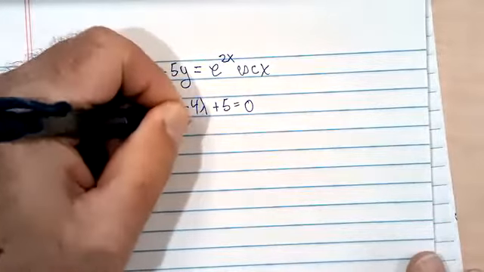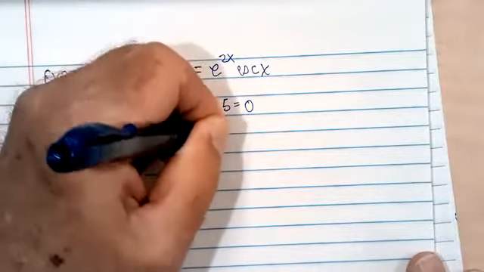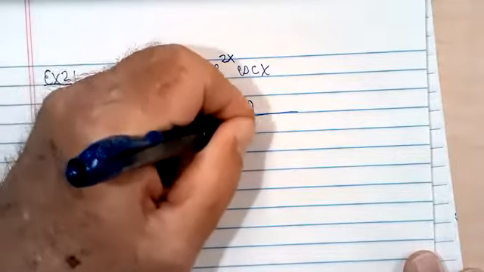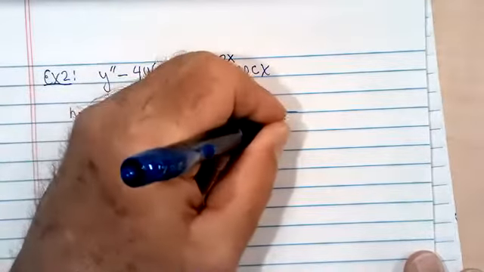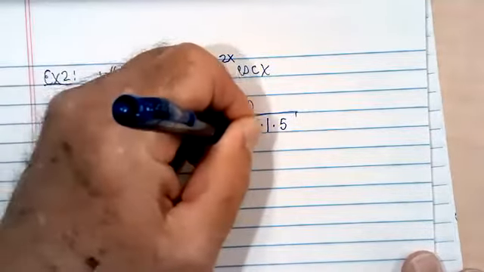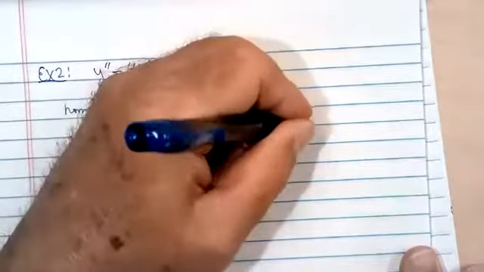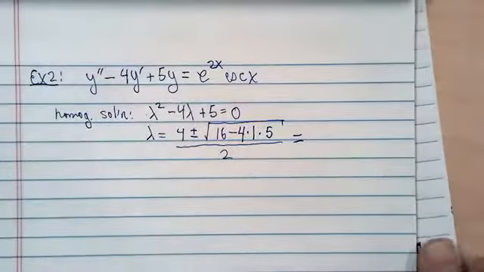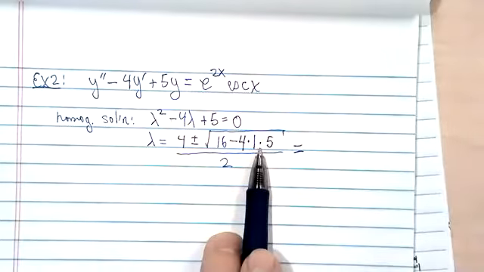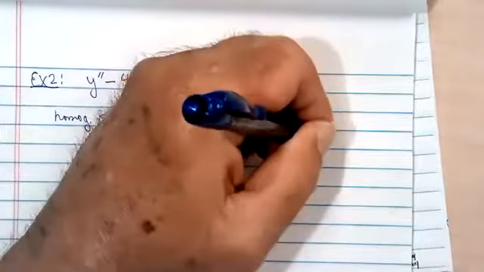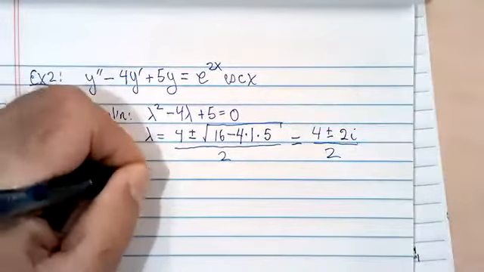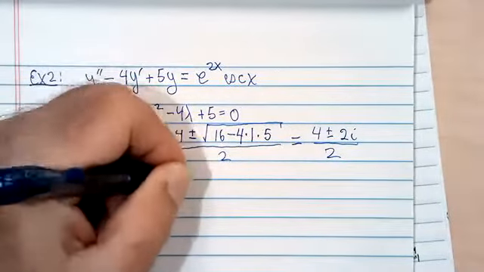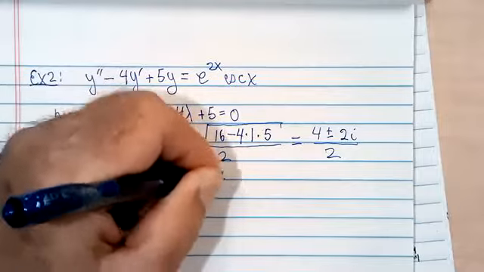Lambda equals negative b, it's 4, plus or minus the square root of b squared, 16 minus 4 times a times c, 5 over 2a. And it looks bad, but it's not too bad. Let's see, 16 minus 20 is minus 4, so that's 4 plus or minus 2i all over 2. And so lambda 1 and 2 are 2 plus or minus i.